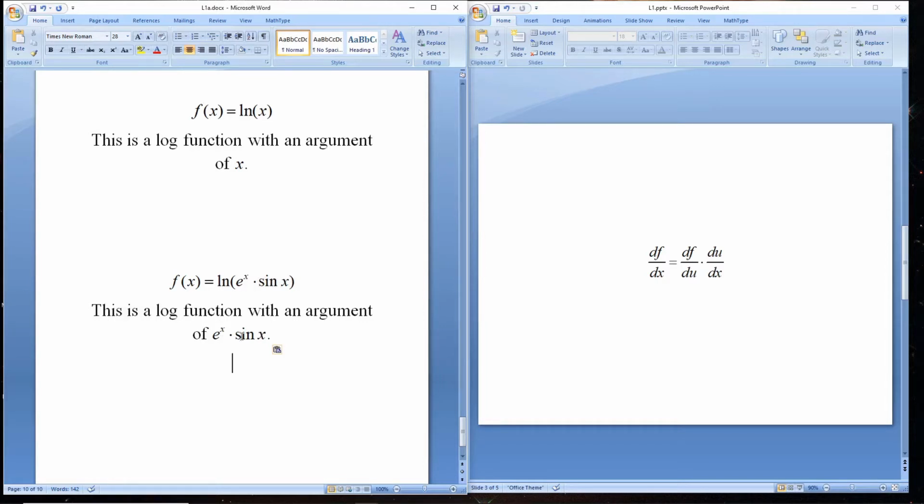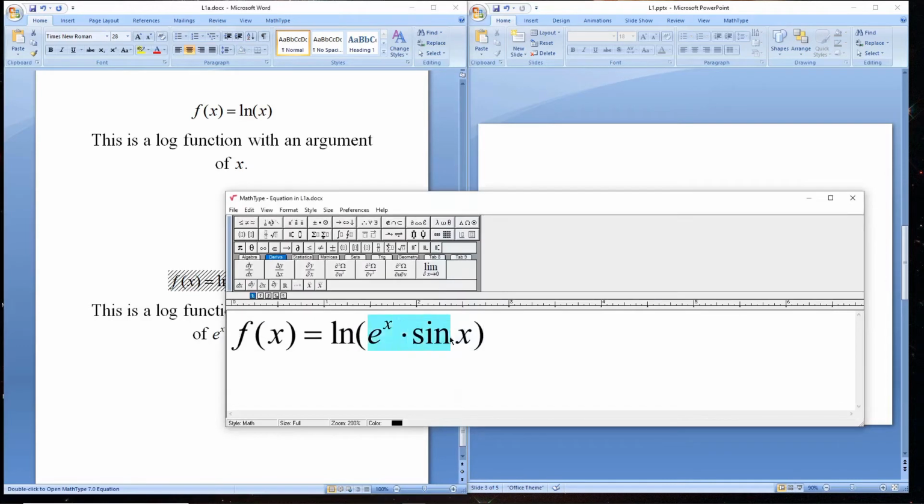That's what we're putting into the log function, and so we would call this the argument. Just to be clear, the x is the input, the variable. But this entire thing going into the log function, we call the argument.